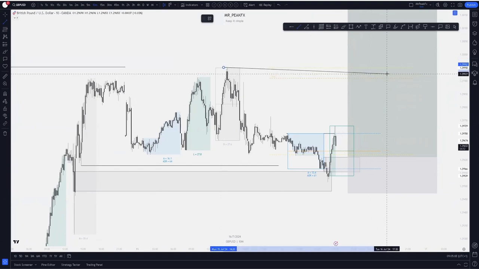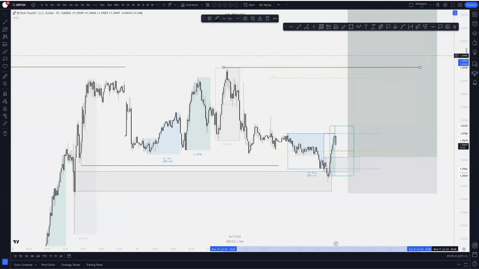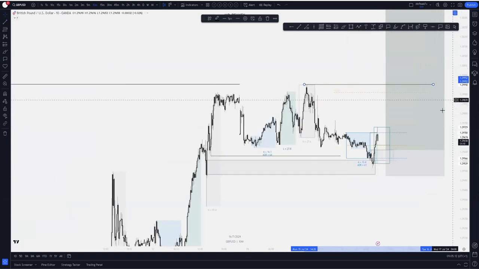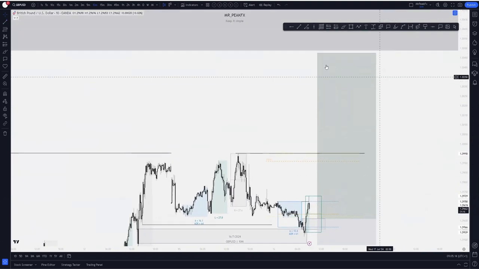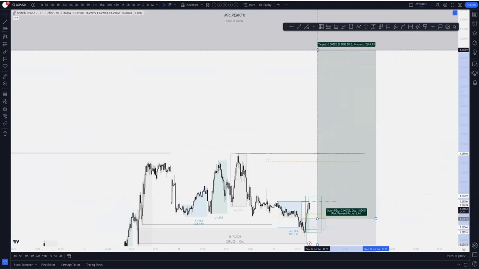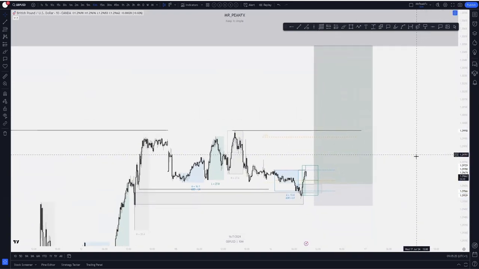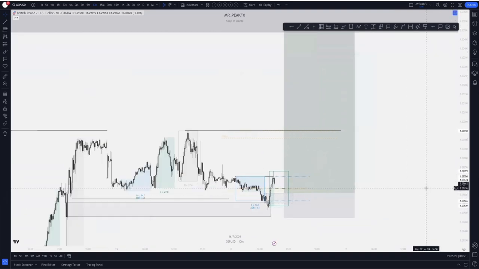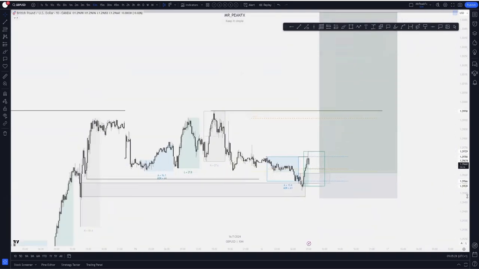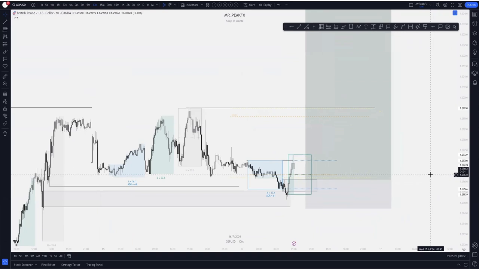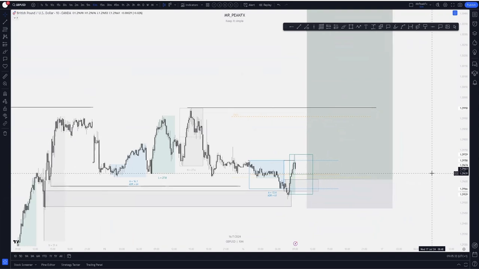All right, and my next target is going to be the decision point on the weekly that I marked. Okay, so this is the setup that I have for this new day, for GBPUSD, and I want to trade it.